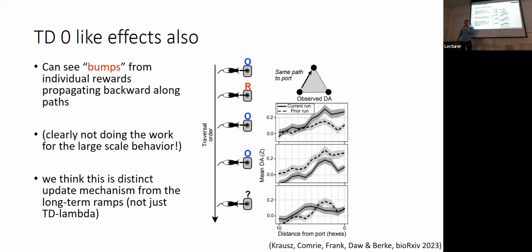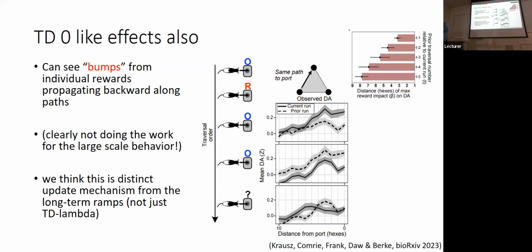There are other ways of quantifying this effect. One of them, which I'm scared I won't be able to explain, is that you can regress the history of rewards from different trials in the past, 1 trial ago, 2 trials ago, 3 trials ago, 4 trials ago, onto the dopamine response at different distances from the port, 1 hex ago, 2 hexes ago, 3 hexes away from the port, and so on. Then this type of bump predicts that the largest effect of a reward is going to be older rewards as you get farther away.